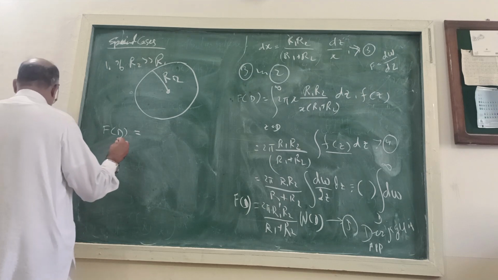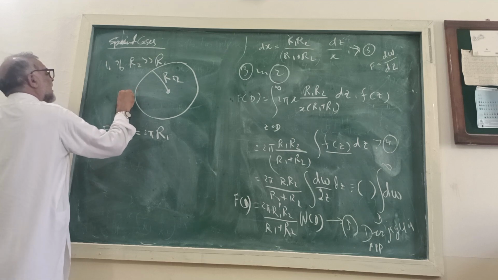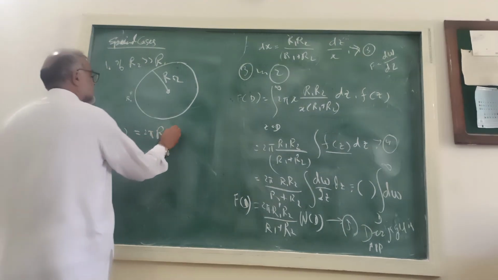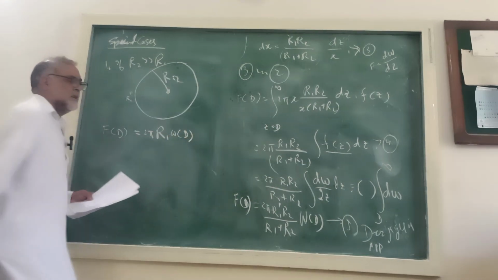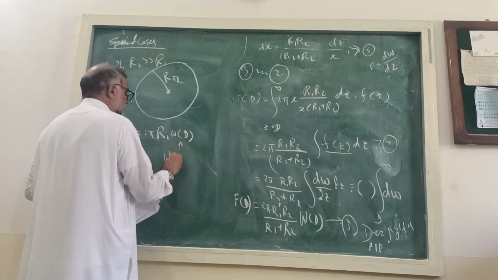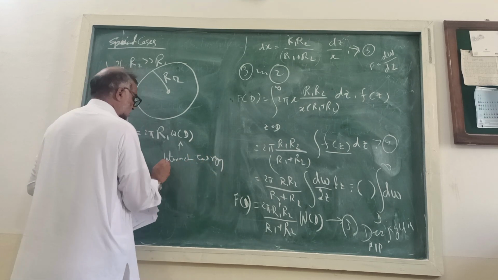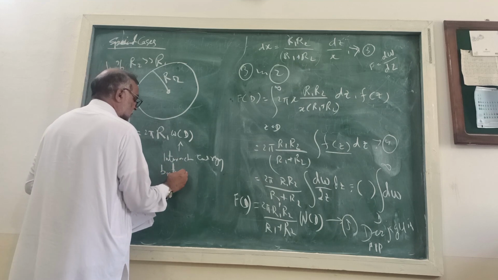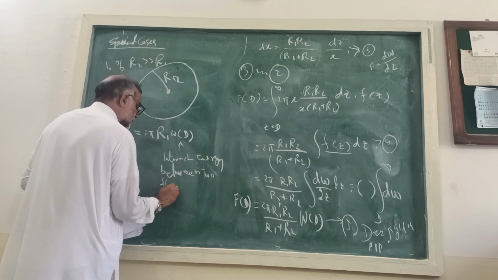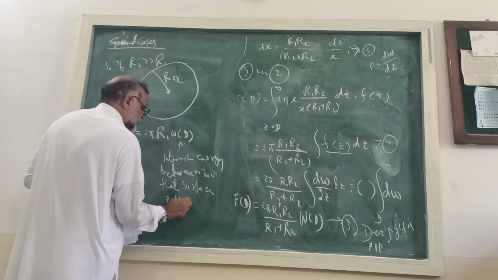So that will be 2 pi R1 W, and this is the interaction energy between two flat surfaces per unit area.